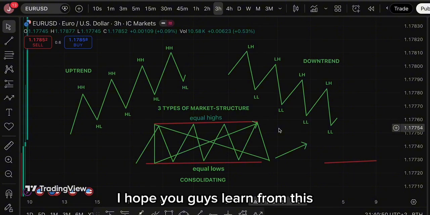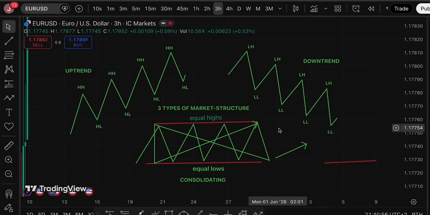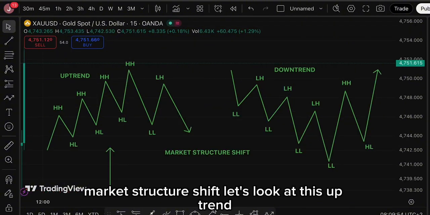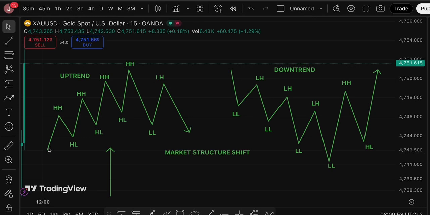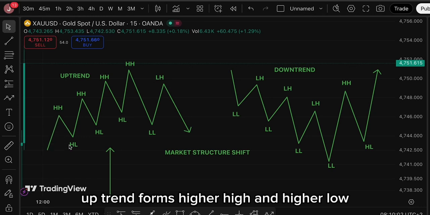I hope you guys are learning from this. Now, let me show you another thing. Market structure shift. Let's look at this uptrend. As I said earlier, an uptrend forms higher highs and higher lows.